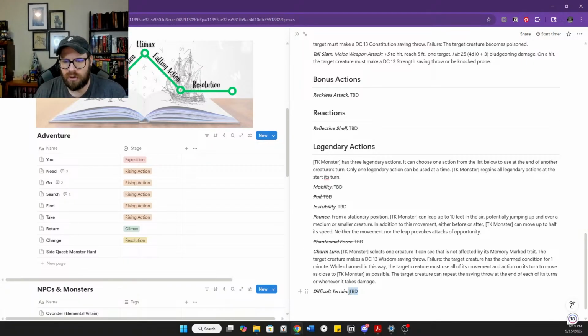Now we have this difficult terrain effect that you guys suggested last time. And the original idea for this, as I recall, was that it can kick up mud, it can tear up the ground a little bit, depending on its environment, creating areas that are hard for other creatures to traverse.